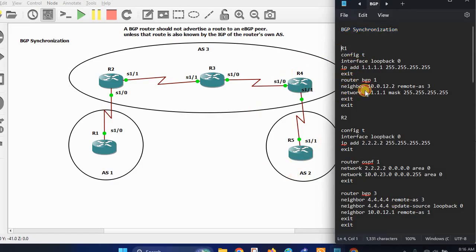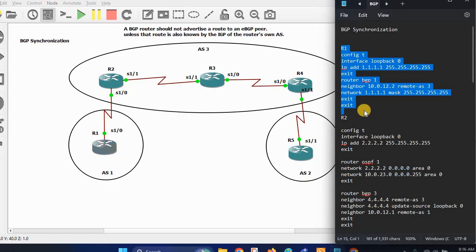This is the configuration in R1, the AS1 router. On this router we configure a loopback interface to check reachability, and after that we configure BGP with R2 as a neighbor.